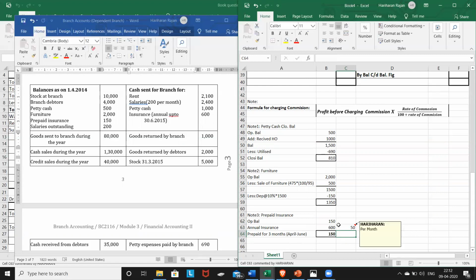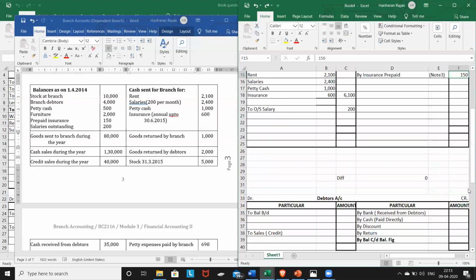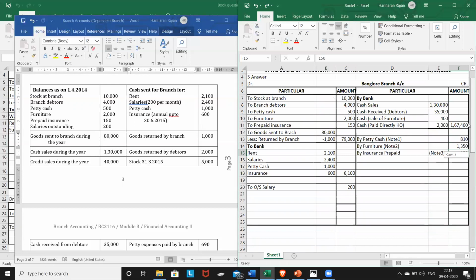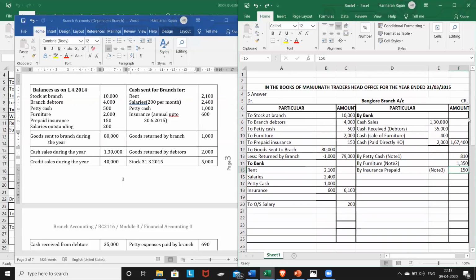Correct? So it is 50 into 3, 150. Then it is closing stock 5000.